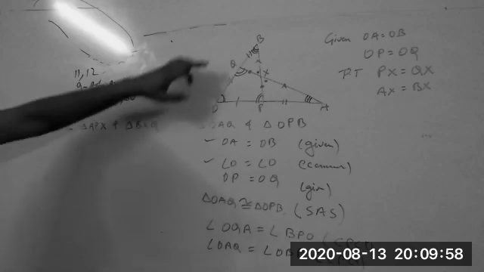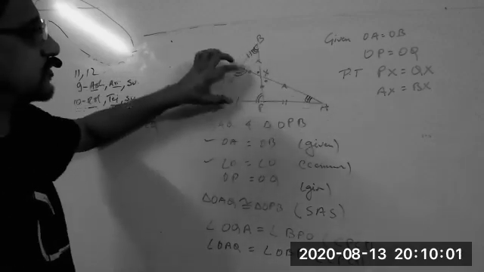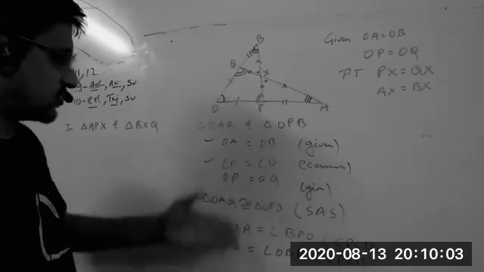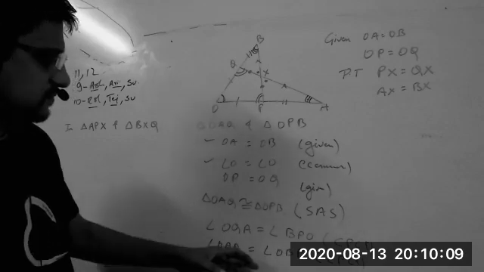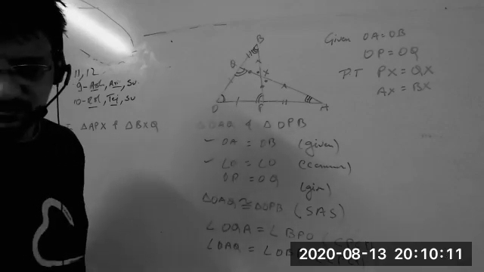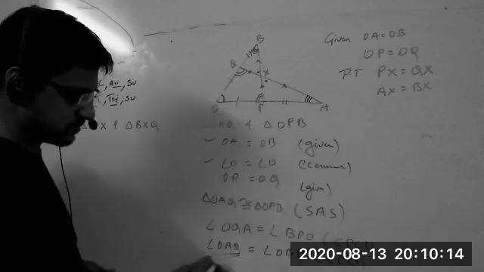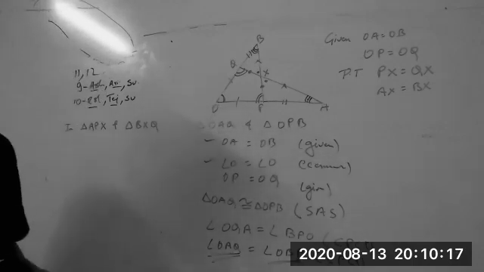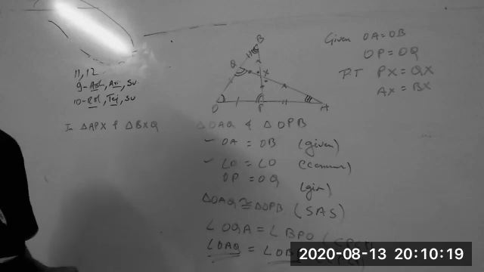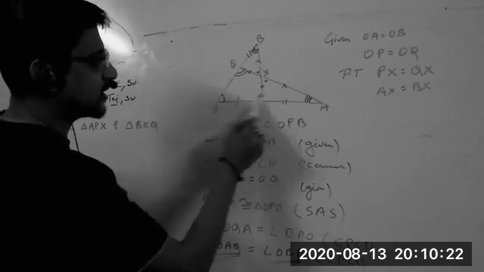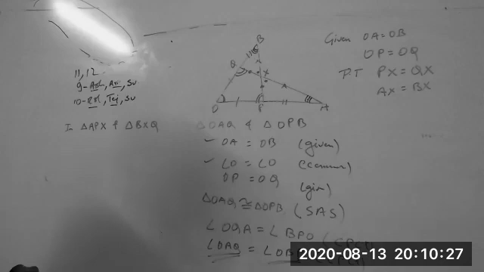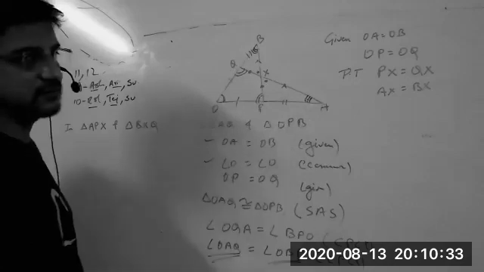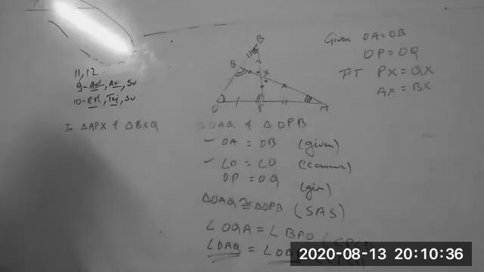That proves these two triangles congruent. Then I proved that angle A equals angle B, through a different method. CPCT. You took two different triangles? No, I took this triangle and this triangle. Which one did you take, Ashish? OQA. Same thing. Sorry, I got confused by looking at the diagram.